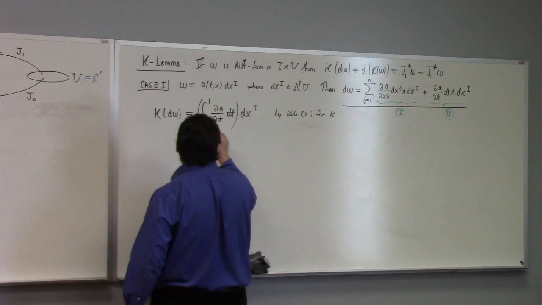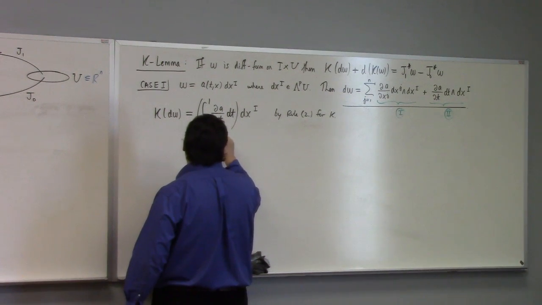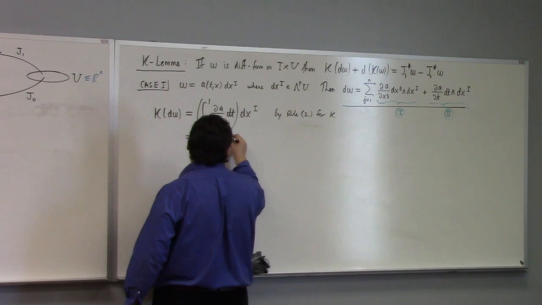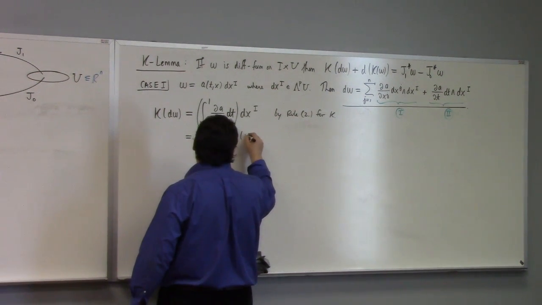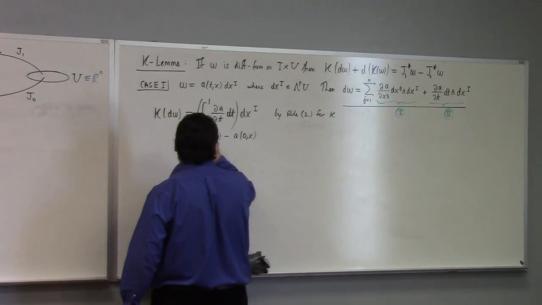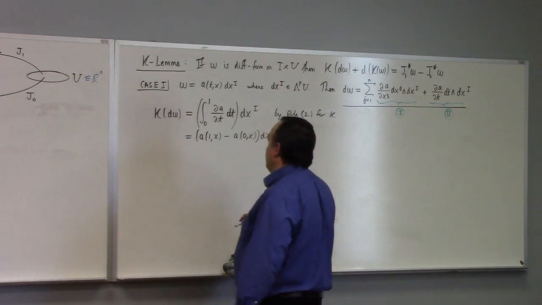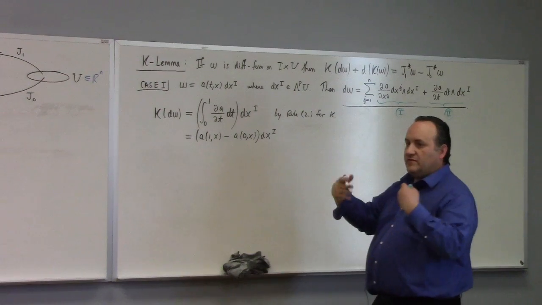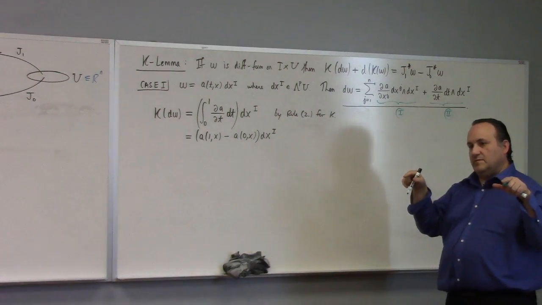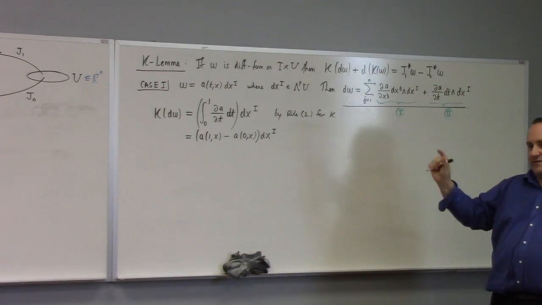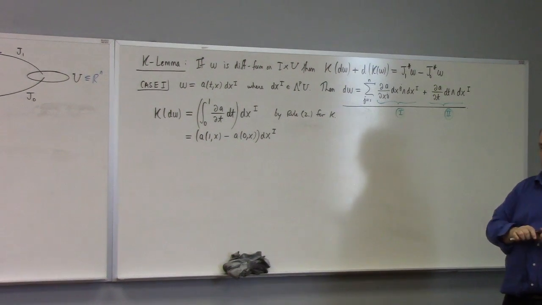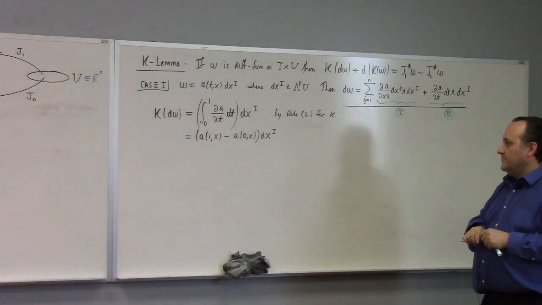So by the fundamental theorem of calculus, we're looking at a of 1 comma x minus a of 0 comma x, dxi. The integration is over the first variable, holding the last n variables fixed at x. So they just ride along. But what is that?